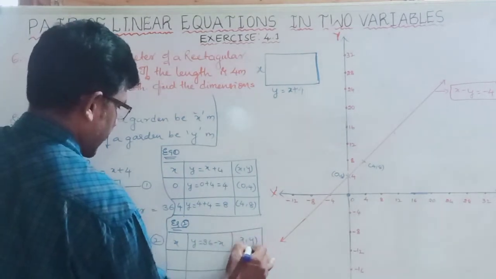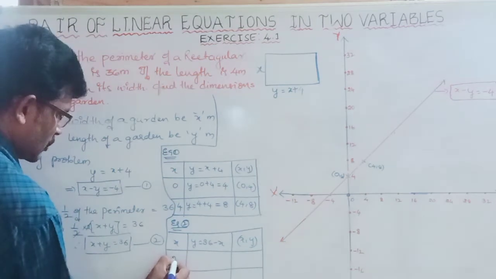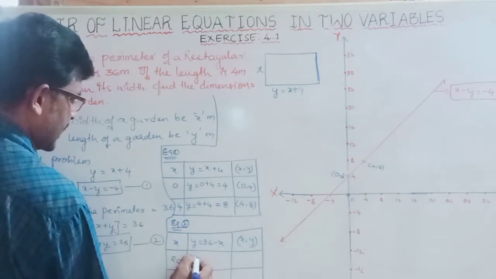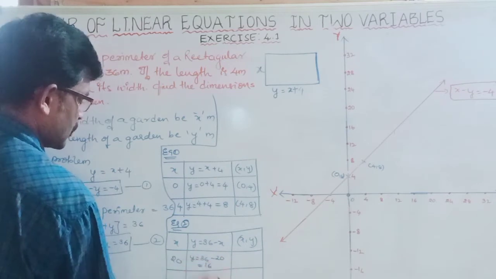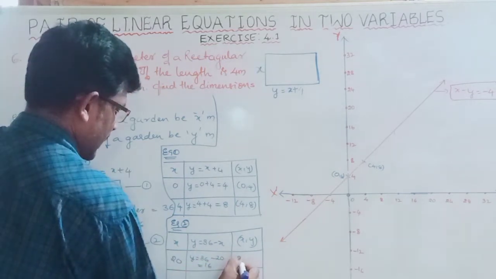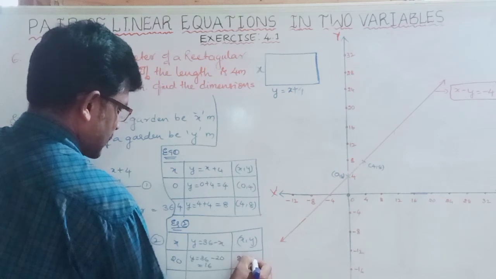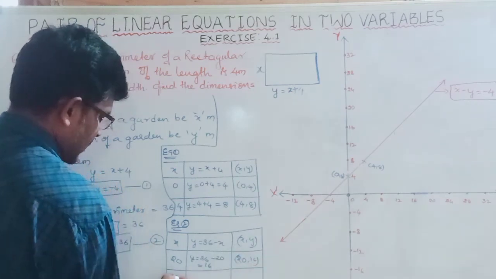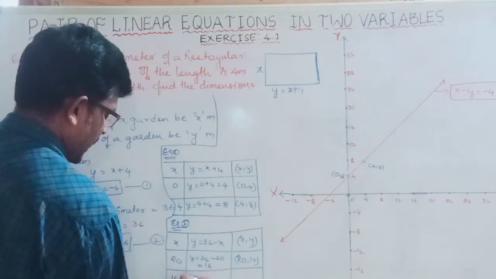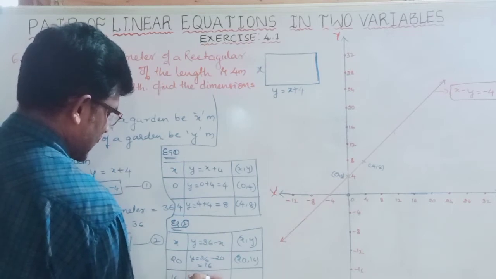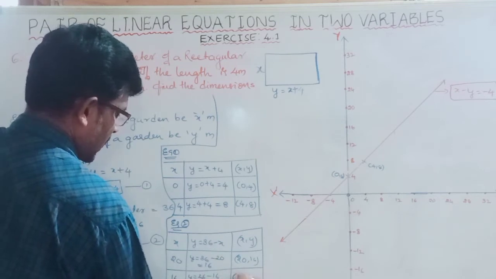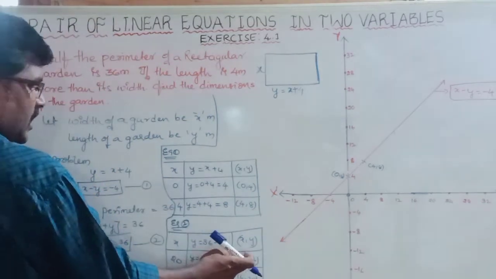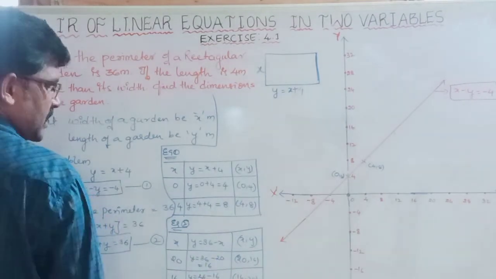If x equals 20, y equals 36 minus 20 equals 16, so 20 comma 16. If x equals 16, y equals 36 minus 16, which is 20, that is 16 comma 20.